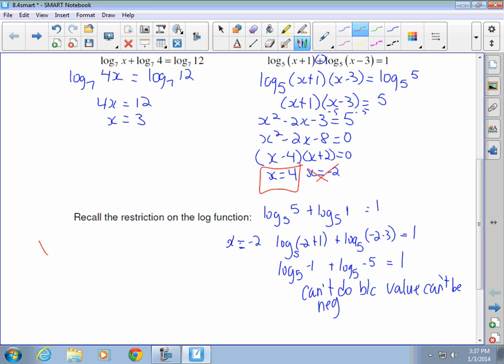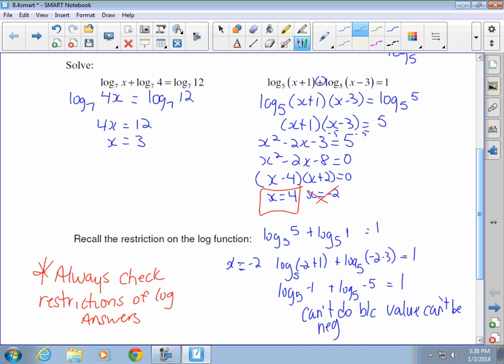So you have to remember when you're solving these, always check the restrictions of your log answers. Now, I didn't check on this one because the only thing I was substituting in here would be a 3. So by using the change of base rule, I could solve for that and find my answer.